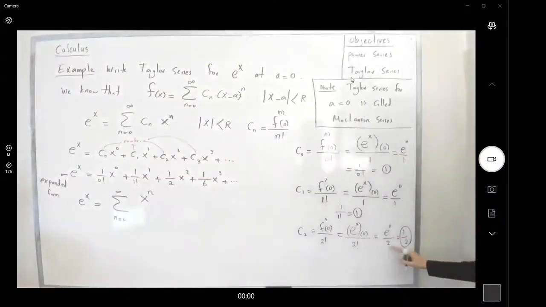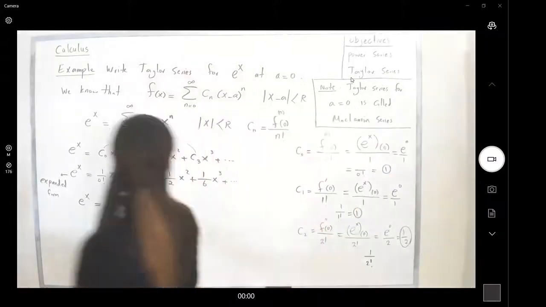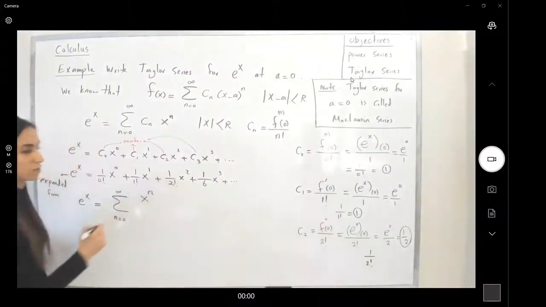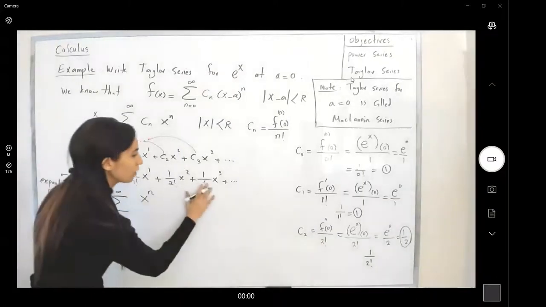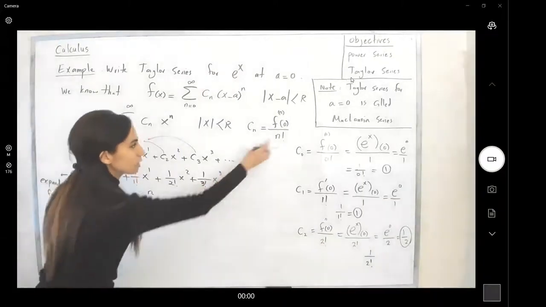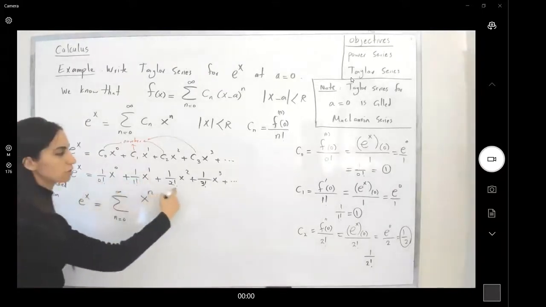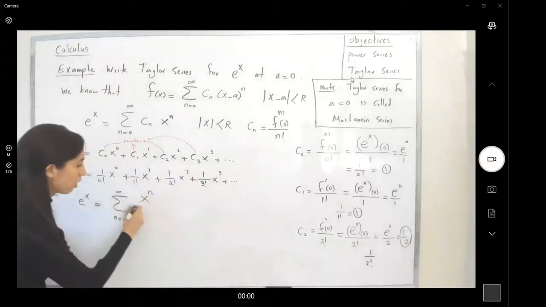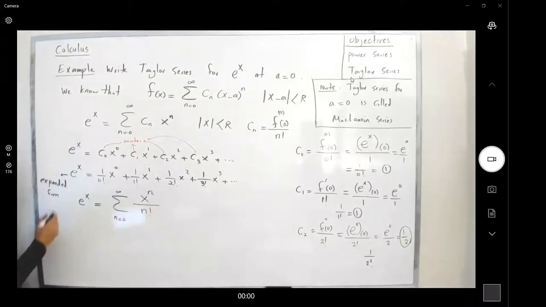The third coefficient is a half, which was 1 divided by 2 factorial. 1 over 6 is nothing but 1 over 3 factorial. Take a look at the denominator, n factorial. So 0 factorial, 1 factorial, 2 factorial, 3 factorial, and the rest of them are located in the denominator, n factorial. So this is our compact form.